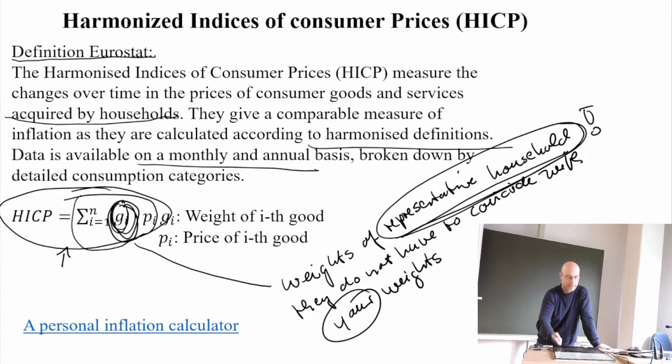And the house price index, is it directly entering? No, I don't think so. But I should look it up. But houses are not directly entering the consumer price index.